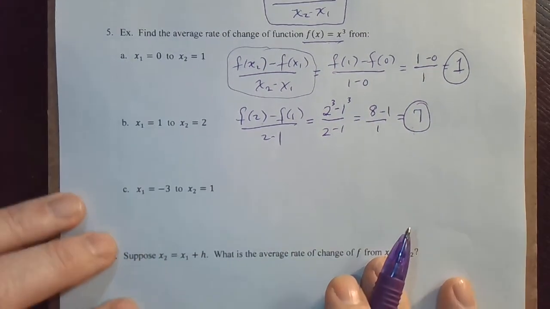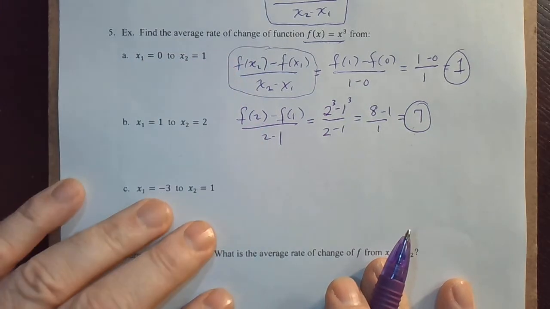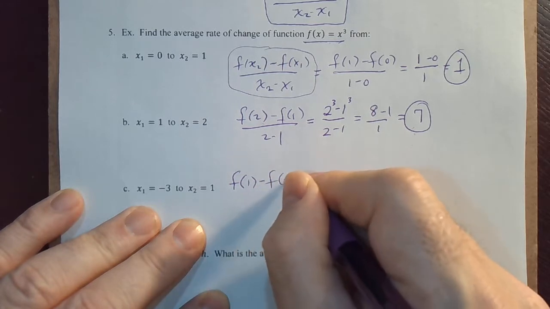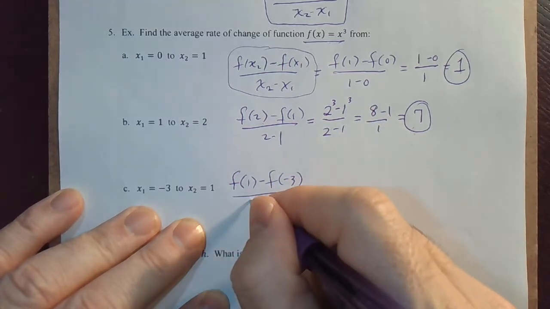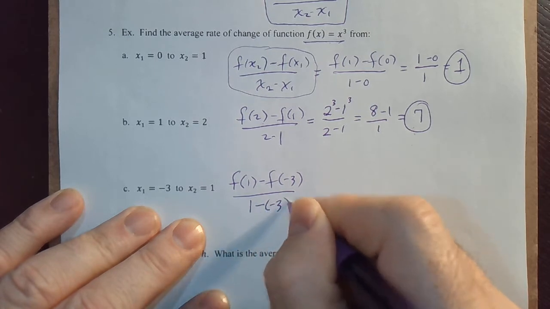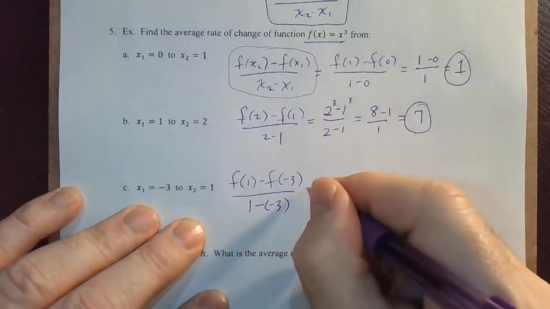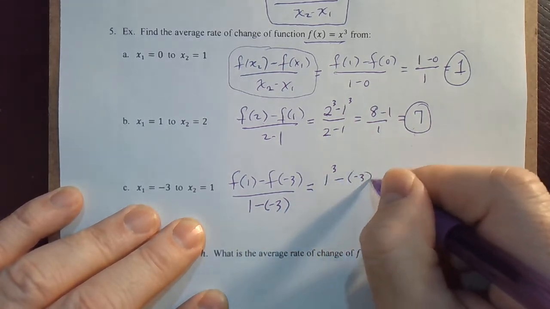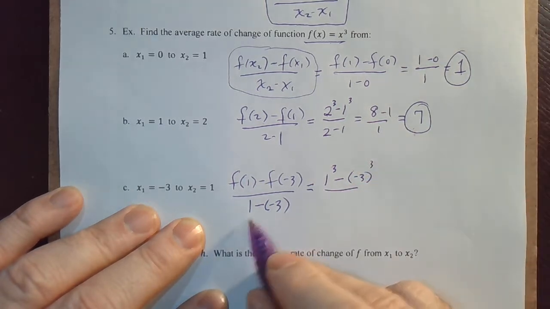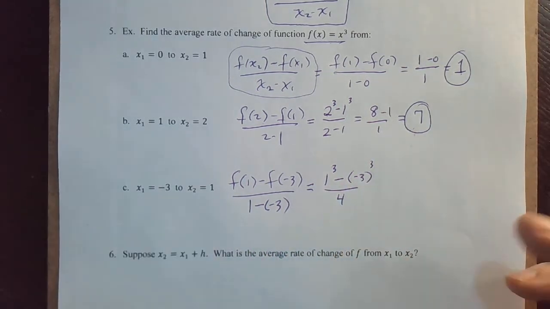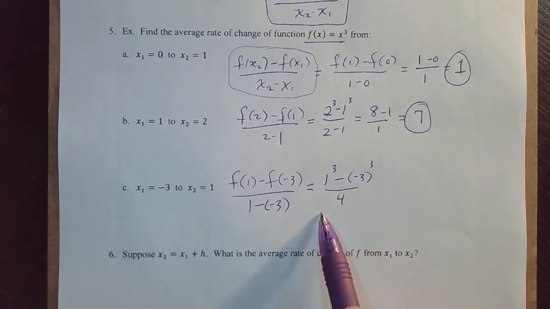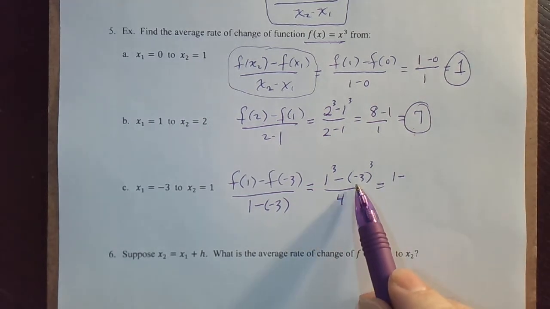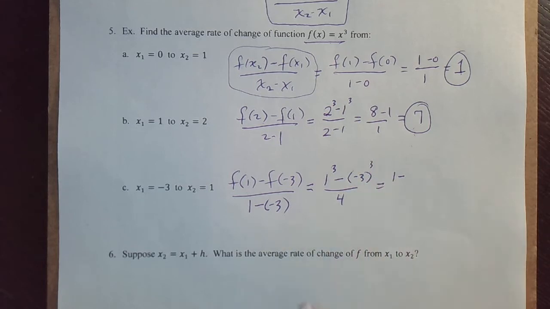All right, let's do one more example here. I want f of 1 minus f of negative 3 all over 1 minus negative 3. So what do we get? f of 1 we know is 1 cubed minus negative 3 cubed over 1 plus 3, which is 4. So that gives us 1 minus, and what is negative 3 cubed?